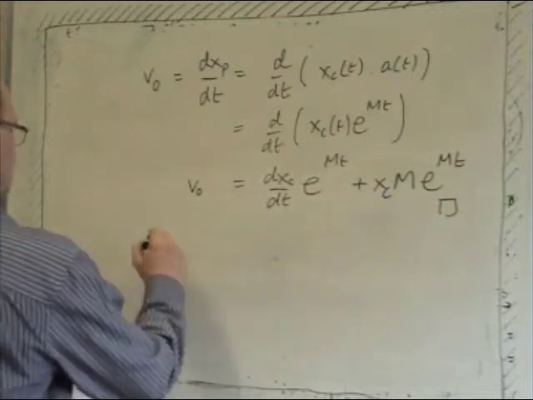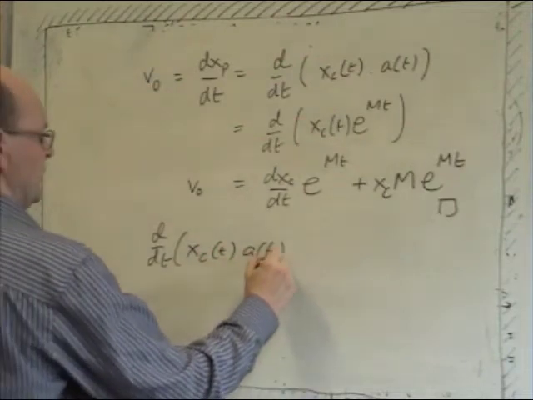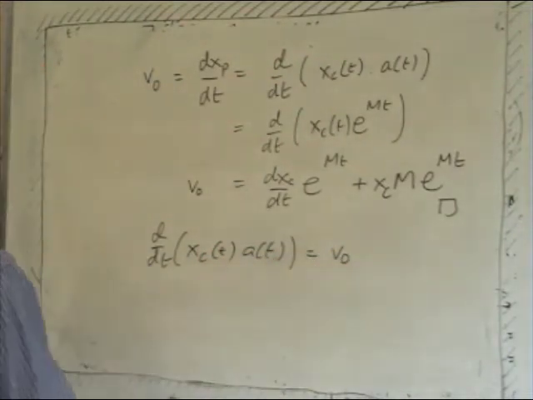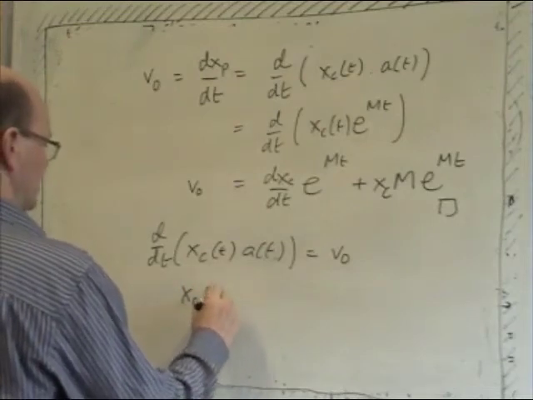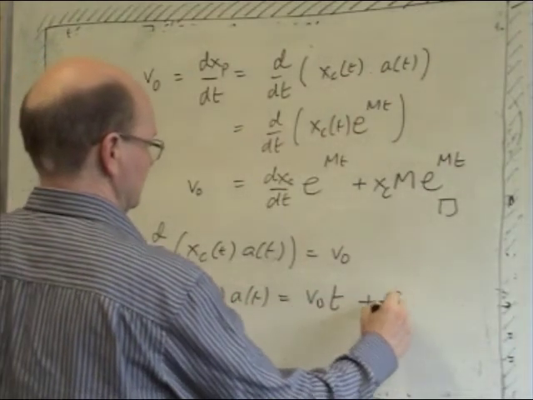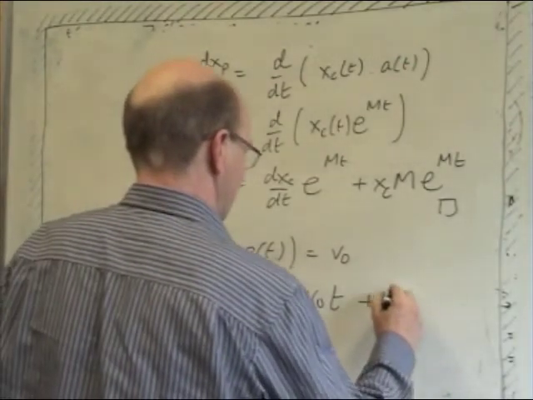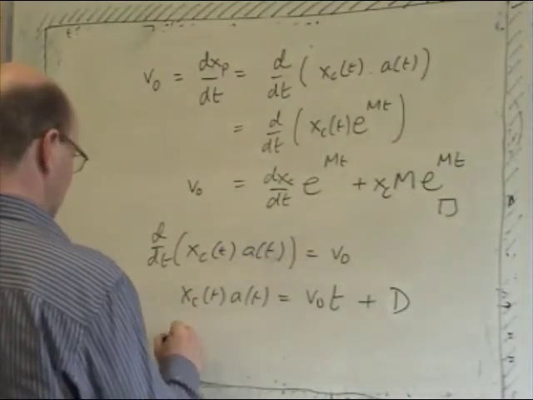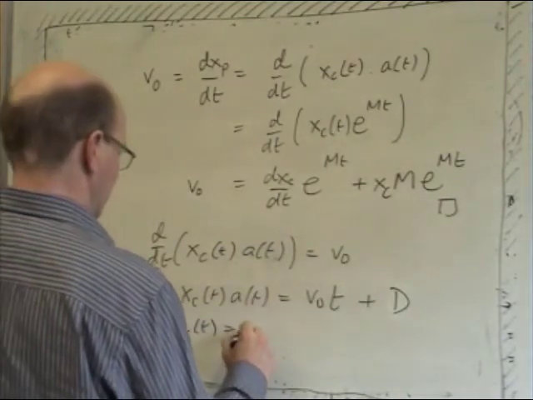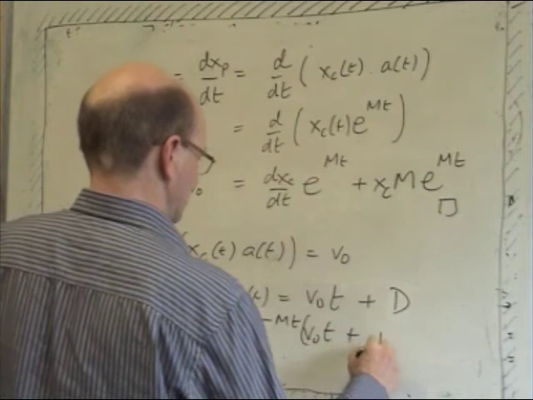So we write d by dt of xc of t a of t equals v0, which means we must have xc of t times a of t equals v0 times time plus some constant we'll call big C. Maybe we shouldn't use C there, we should use D, since C is after all the speed of light. Which means that we have xc of t equals e to the minus mt times v0 t plus d.